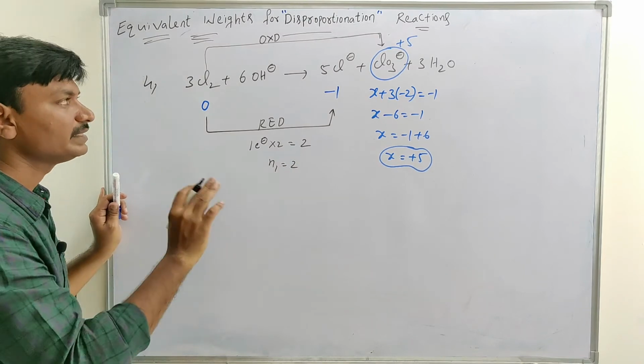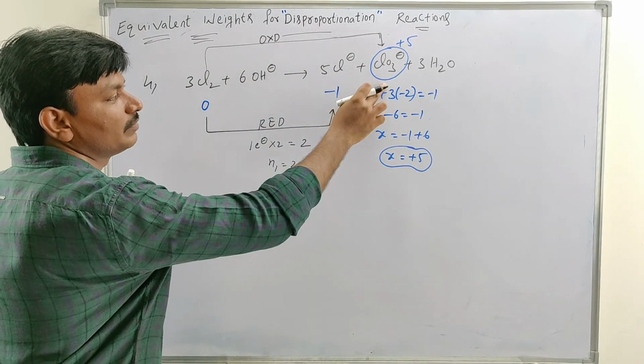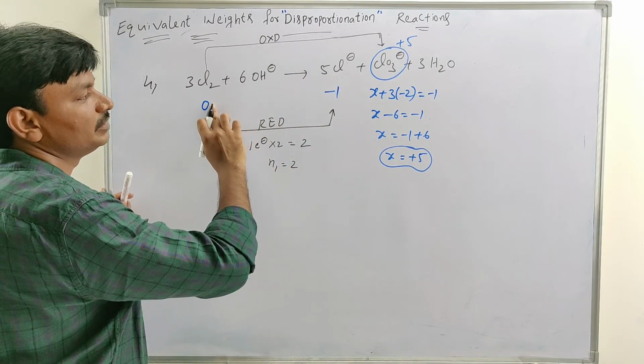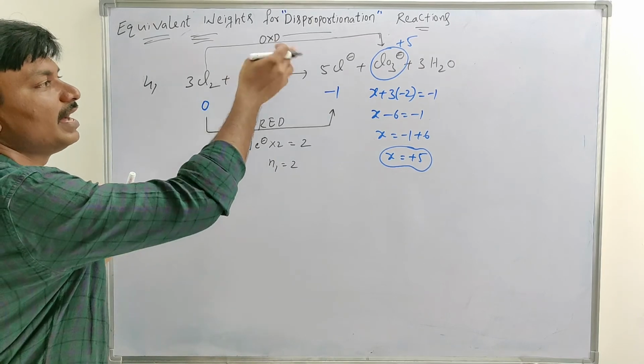Clear? In the second case, each chlorine atom transfers 5 electrons, that is 0 to +5, releasing electrons in the oxidation reaction.